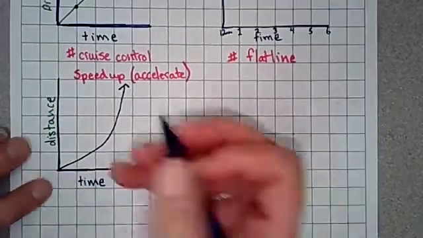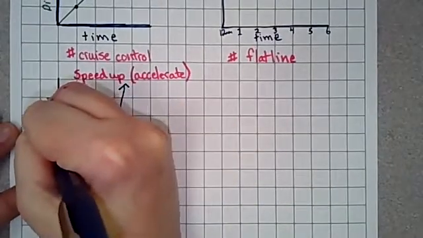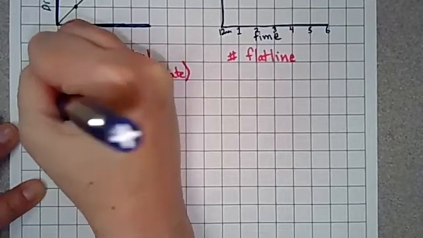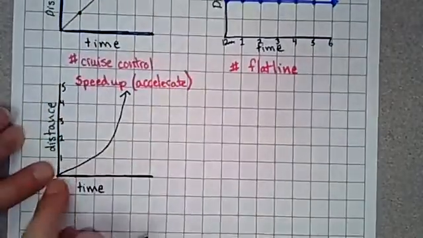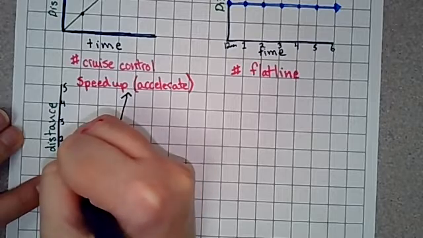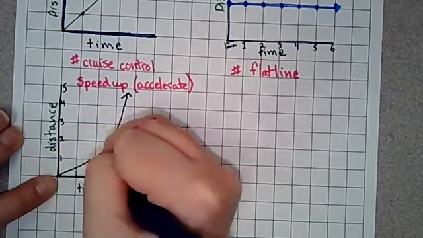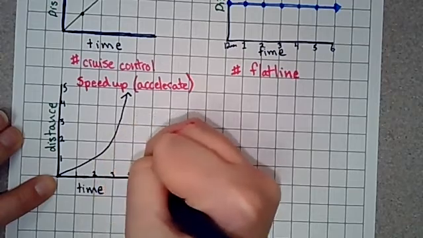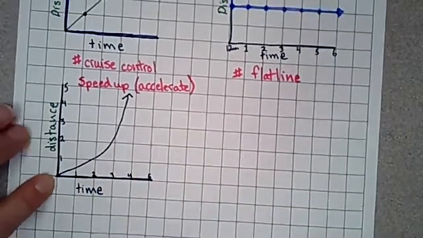Okay, so for example, if this was 1 mile, 2 miles, 3 miles, 4 miles, 5 miles for your distance, and your seconds was, let's just say that this was 1 second, 2 seconds, 3 seconds, 4 seconds. This is obviously not going to work out in reality.